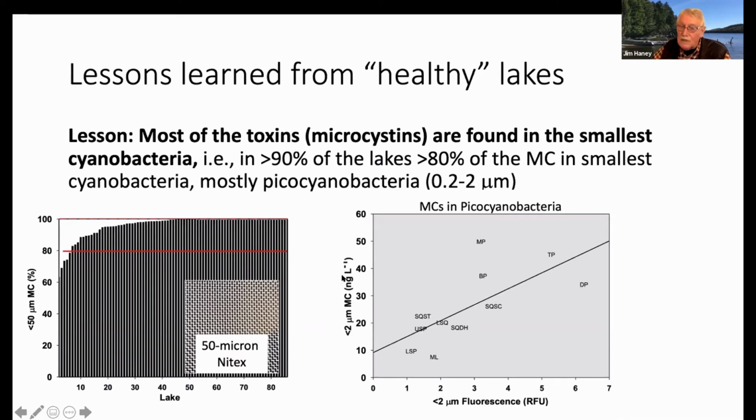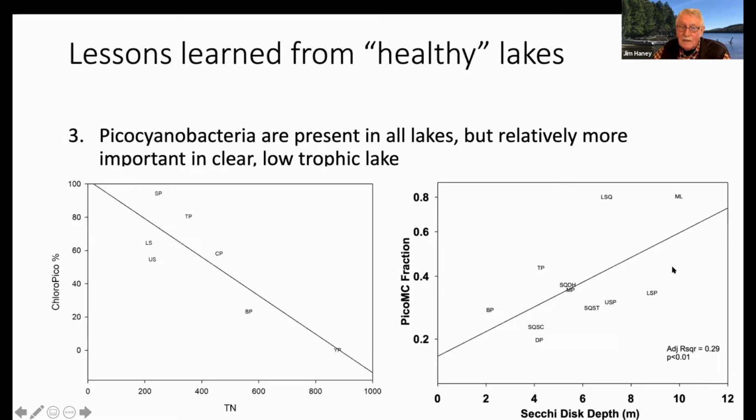So they were in the picocyanobacteria size. We learned from that that the small cyanobacteria are not only important, but they can actually be more important for some things such as microcystins in the lakes we were looking at.